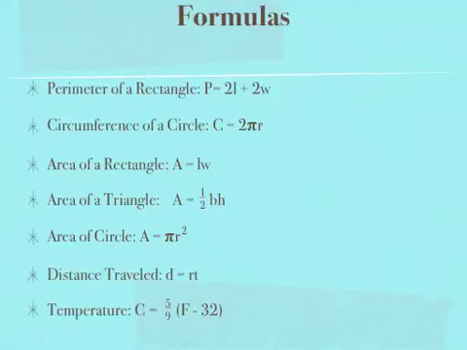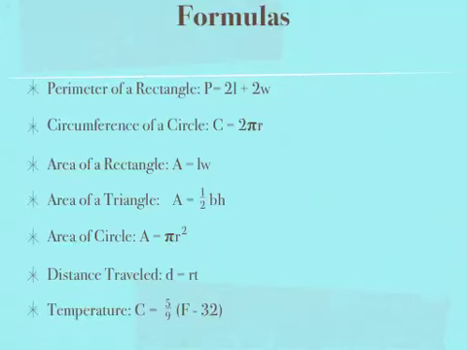These are a list of formulas that you'll need to know. You should already know the first 5 of them. Distance traveled is distance equals rate times time. And then temperature is Celsius equals 5 ninths times the Fahrenheit minus 32.